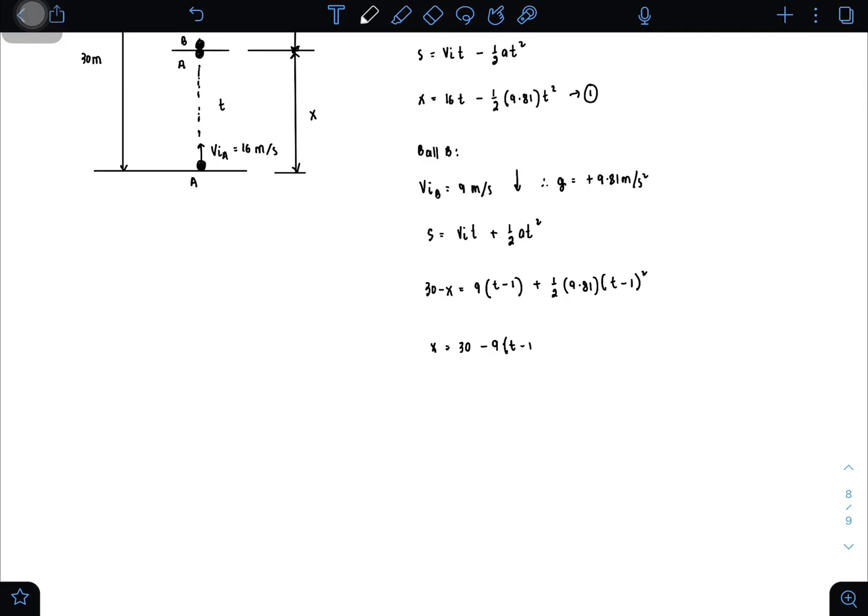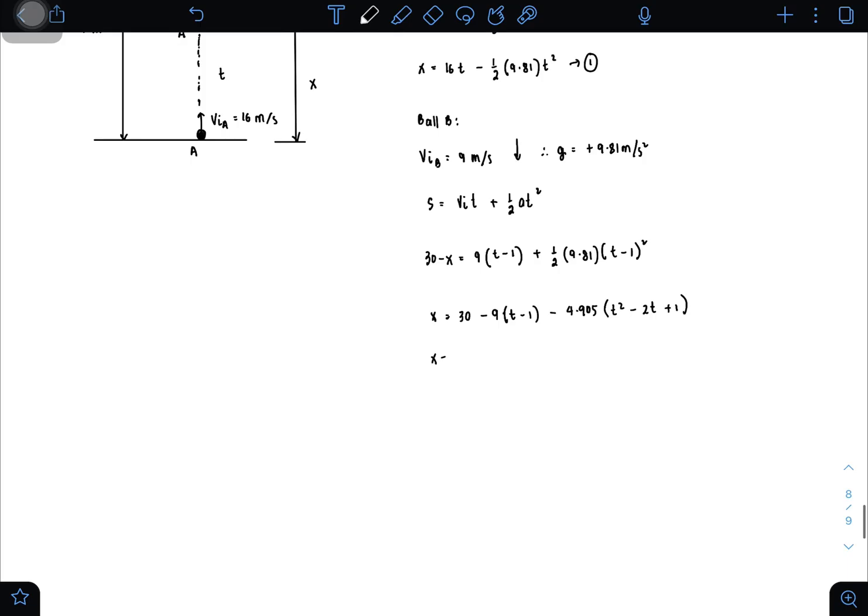times time minus 1, then minus the 4.905, by the way, that's 9.81 divided by 2. And this one, t minus 1. So completing the square, this is t squared minus 2t plus the square of 1. So this is x equal to 30 minus 9 times time plus 9 minus 4.905.